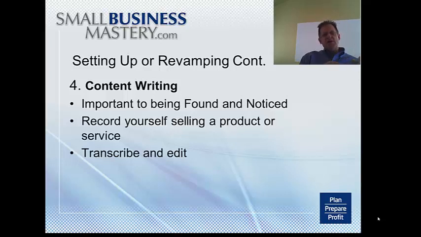You can start to edit it and take out the ums and take out the words that don't need to be there. You can also organize it. So start with the whole thing and then start to chunk it out and get rid of things that you don't need. The questions that you're asked by the individual that you were selling to at the time, it's important to reword those questions, because chances are other people will be wanting to ask those, and that'll bring people into the content writing.